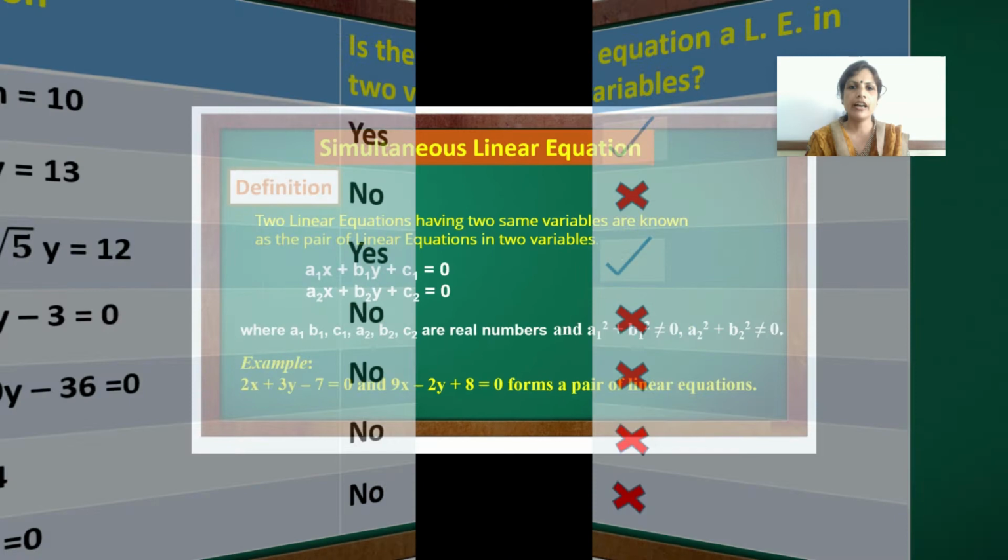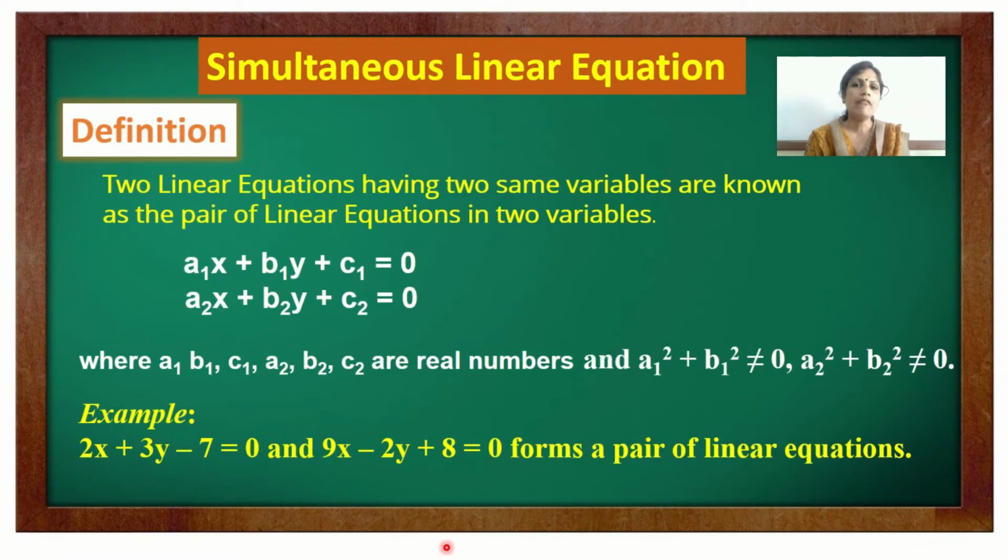Alright, moving ahead now. You all have learned so many times about simultaneous equations. Now linear equations in 2 variables, when they are given in pair, 2 linear equations having the same 2 variables, are called simultaneous equations.